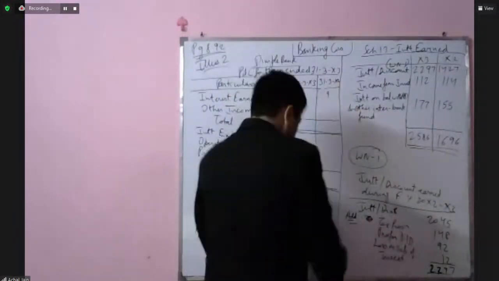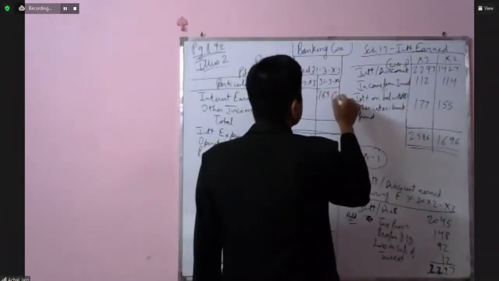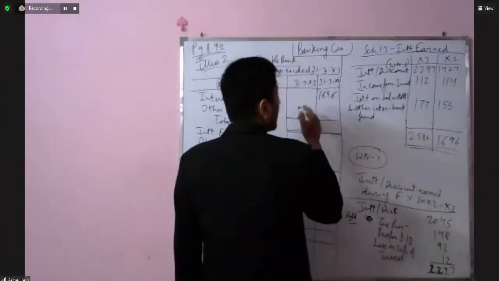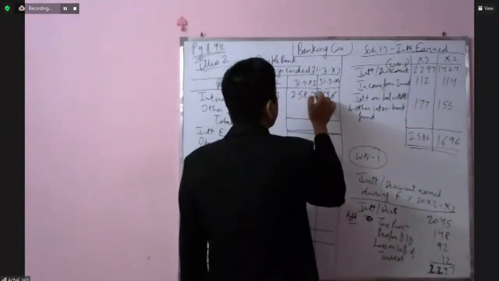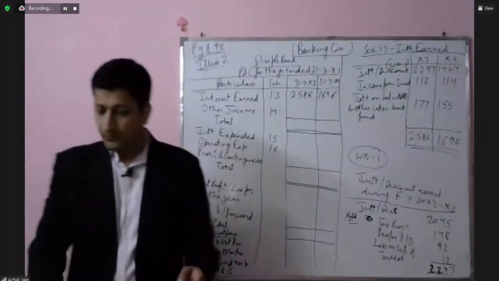So this should be 1696 and 2586. Okay, clear?